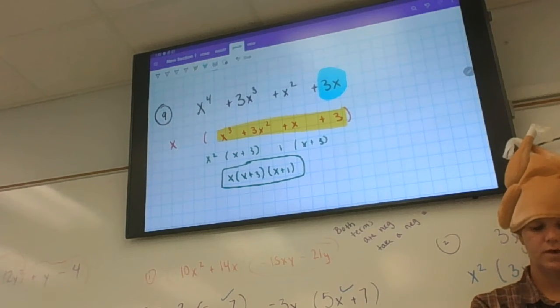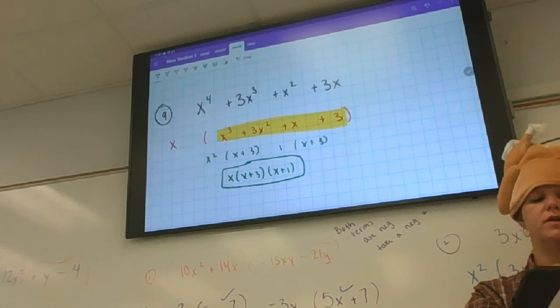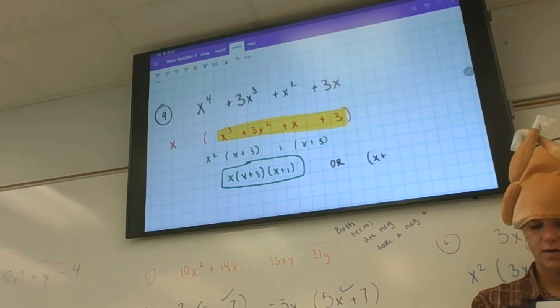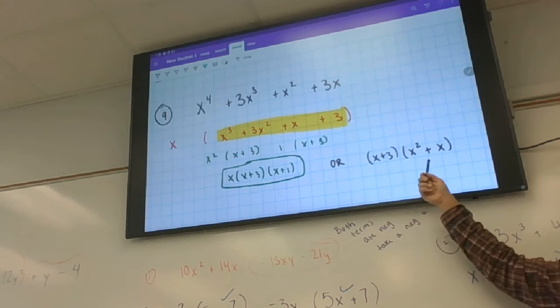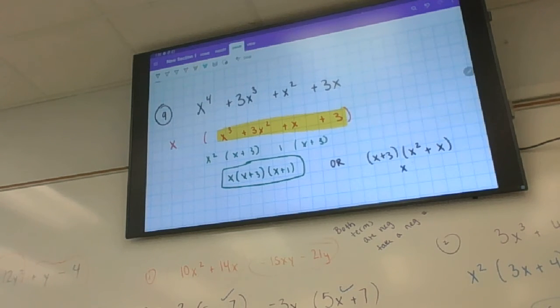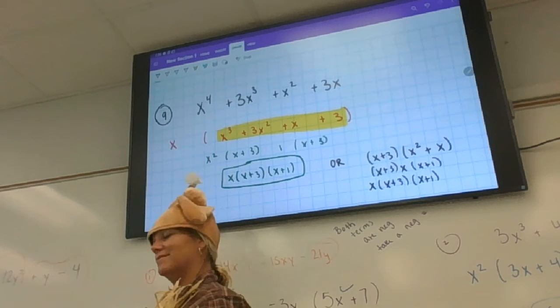Which one of your factors had an extra X in it, the 3 or the 1? Who's got this as a final answer? Okay. This one, you can still take an X out of. So I would rewrite it as X times X plus 3, X plus 1. And then it looks like what I did, but I took the X out in the beginning.